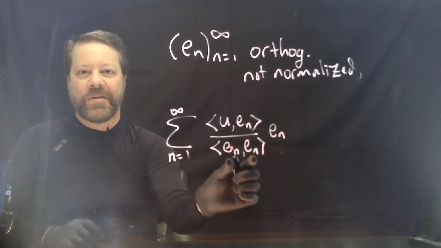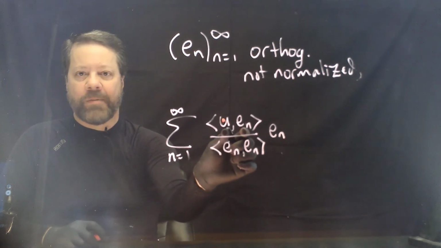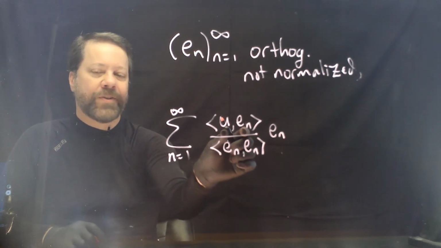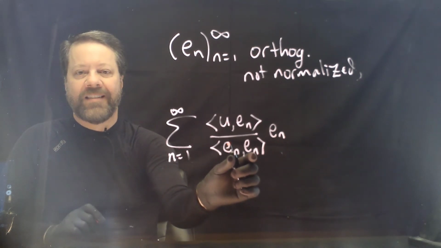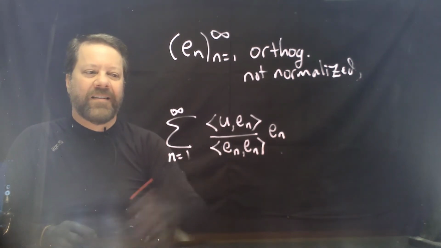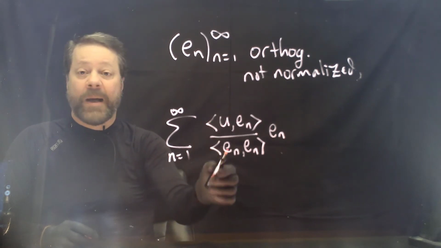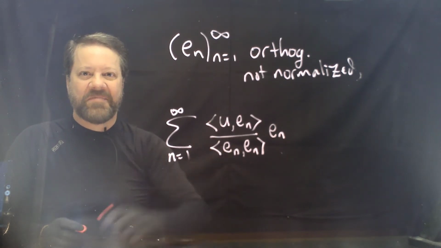In other words, we can do the simpler inner products without having to write in the 1 over the square root of L, and then divide by L in the end.